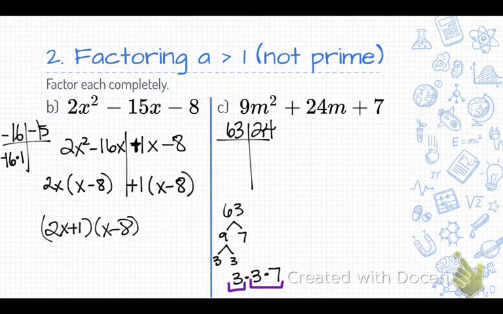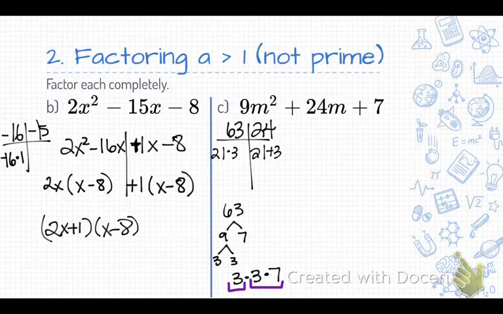Does that work? Is that what you guys were saying? Good. Okay, so I know 21 times 3 gives me 63, and I wouldn't have thought of that. That's not in, up to my 12 times 12. I don't have that memorized. But I know what the prime factors are, so I can figure out what the combination is. And 21 plus 3 is 24.